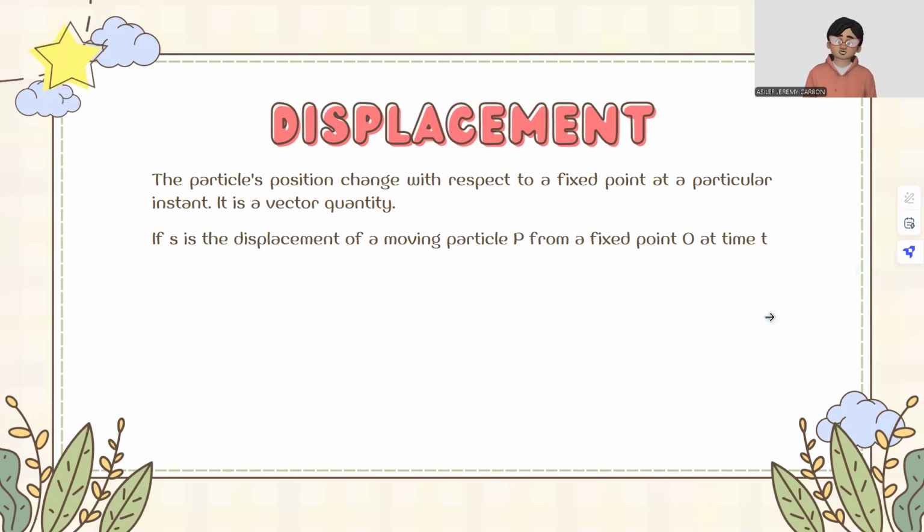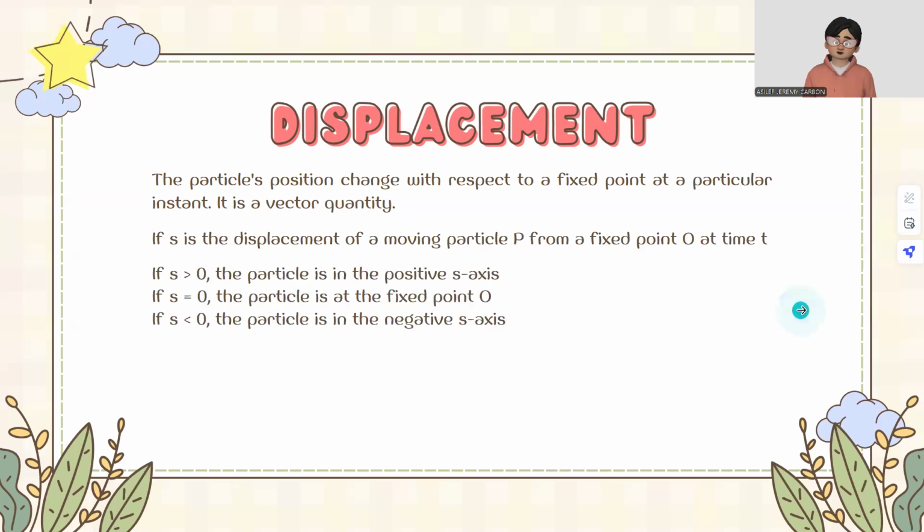Now, if S, which is often the representation of displacement of a moving particle, let's say P, from a fixed point O at time t, we have the following interpretation. If S is greater than zero, the particle is stationed on the positive S axis.